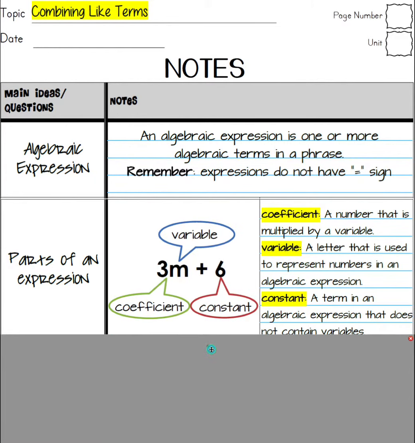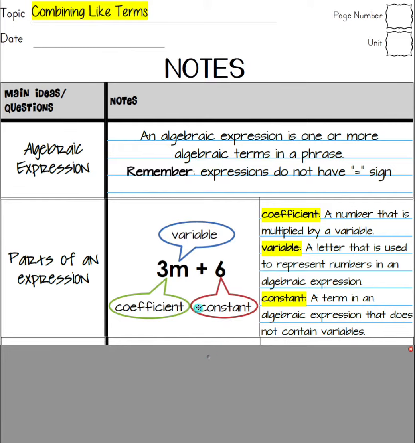There are some important parts of an expression that you need to be aware of because this terminology will be used throughout these lessons as well as in your future in this math course and in future math courses. If we have the expression 3m plus 6, there are some important pieces as a part of this expression. Notice that there is no equal sign, and so that makes up an expression.